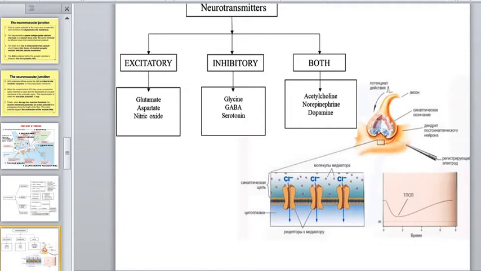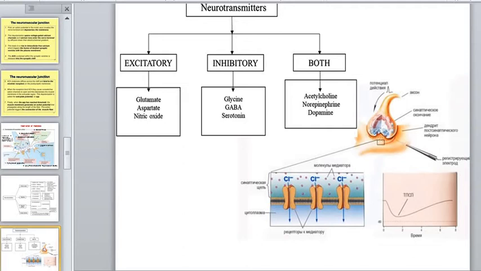Examples of these types of neurotransmitter are epinephrine and norepinephrine, adrenaline and noradrenaline. Inhibitory neurotransmitters, in contrast to excitatory neurotransmitters, have the opposite effect: inhibition of the neurons.